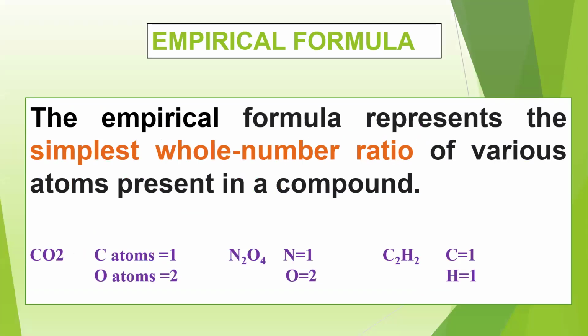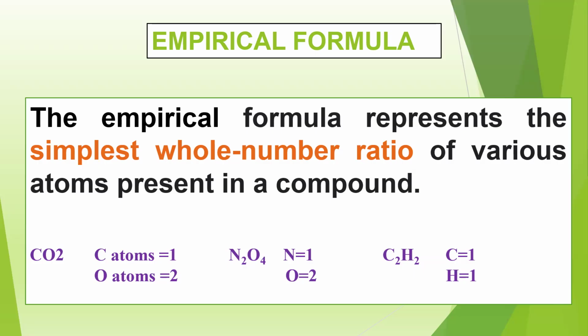Empirical formula means the simplest whole number ratio of various atoms present in a compound. For example, carbon dioxide contains one carbon atom and two oxygen atoms.